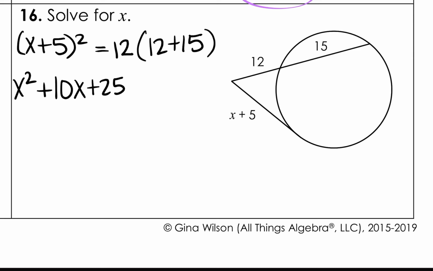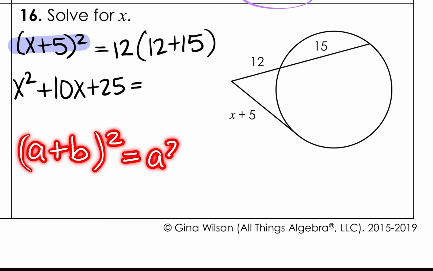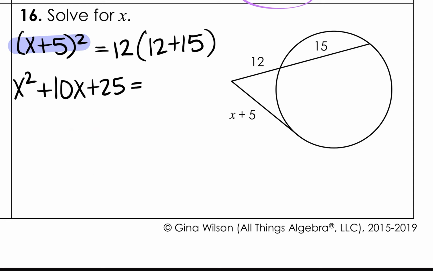That's going to give us x squared plus 10x plus 25. I'm just using the sum of squares pattern there, where a plus b squared would equal a squared plus 2ab plus b squared.